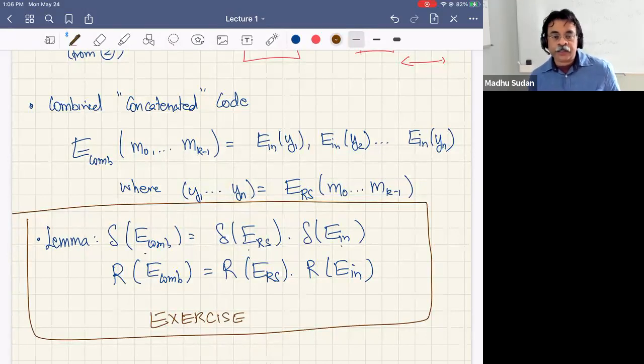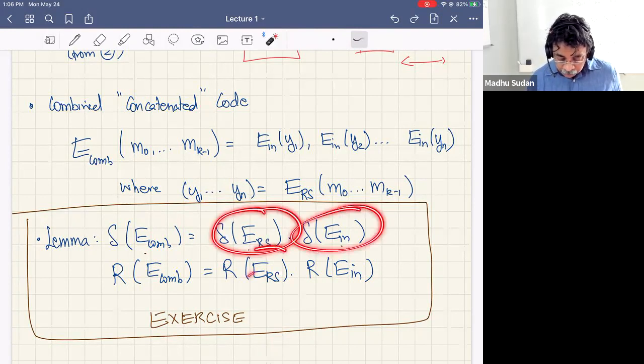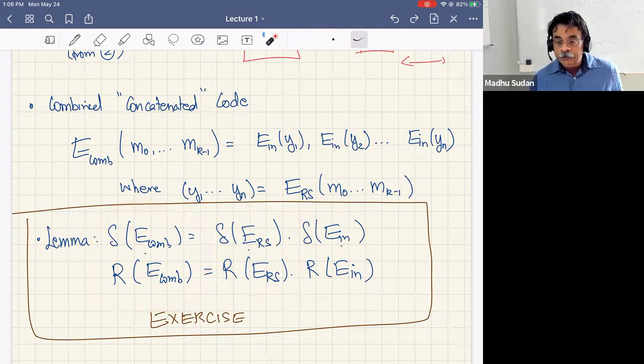Since both of these are quantities less than or equal to 1, multiplication is not necessarily good, but still, if they're positive, they'll remain positive. If all 4 of these quantities are positive, then these 2 are positive. So this is very explicit, and it also tells us that working with large alphabets is not a bad idea. It's a great way to get codes over small alphabets also.